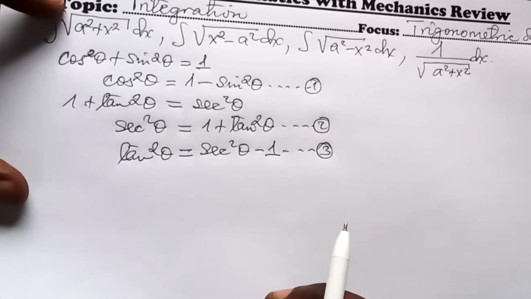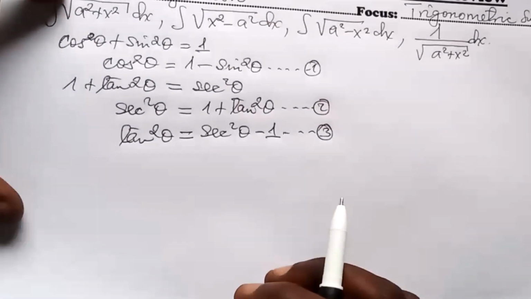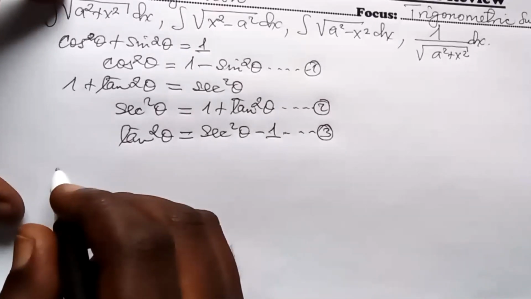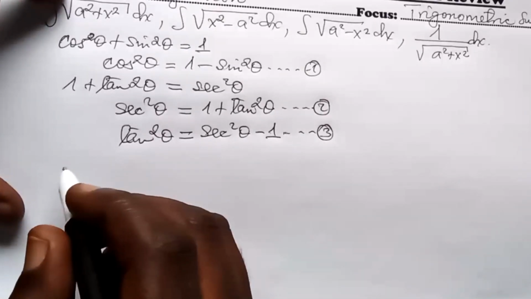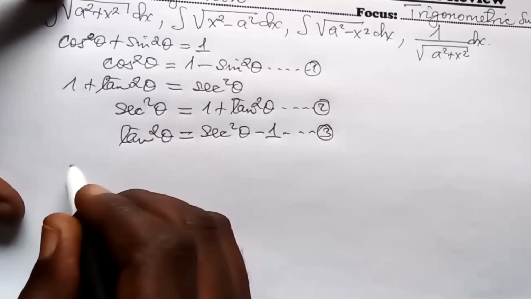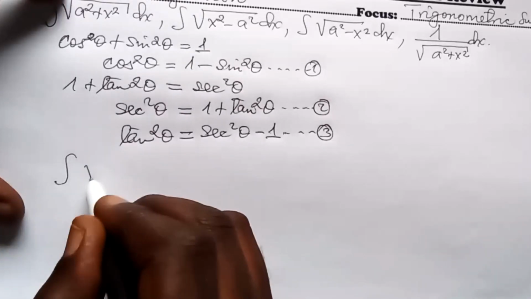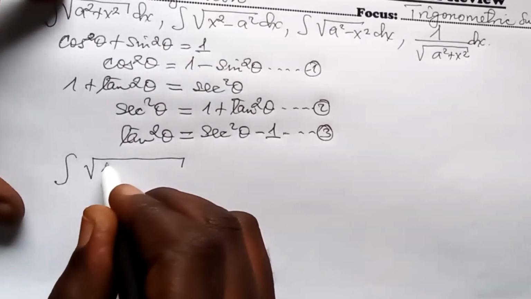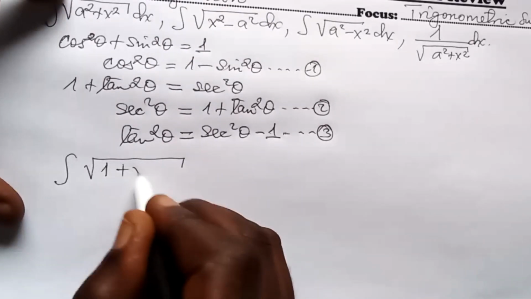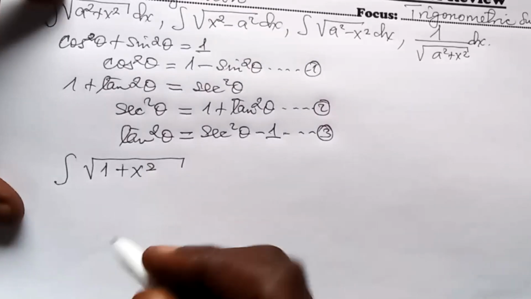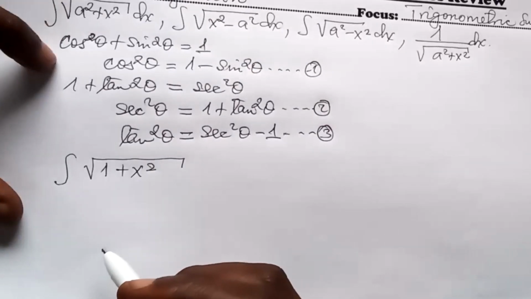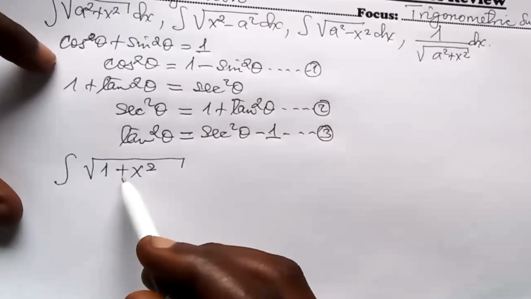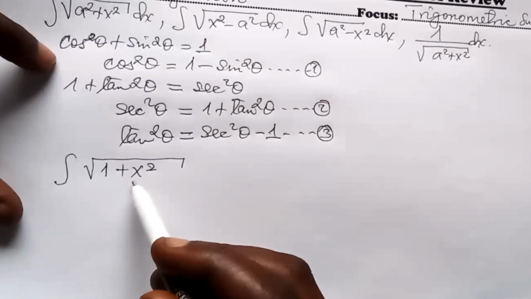Now, I go straight away to demonstrate. If I have the integral of the root of 1 plus x squared, the first thing to look at is, what is the sign between the two terms?